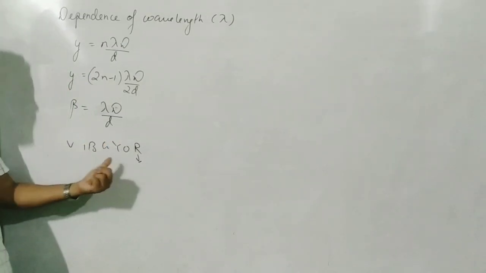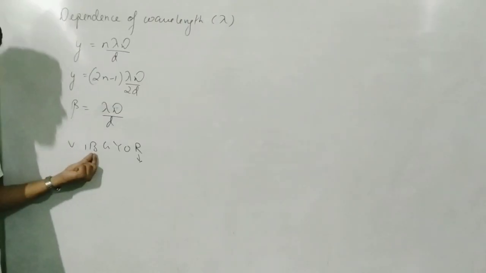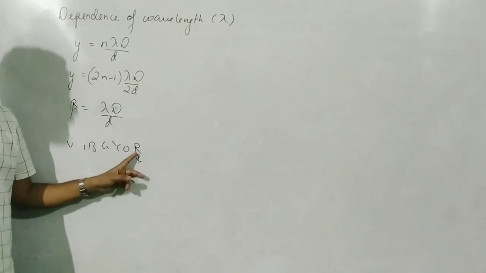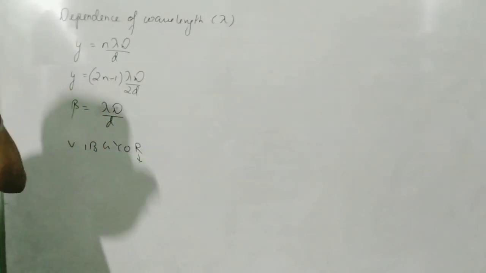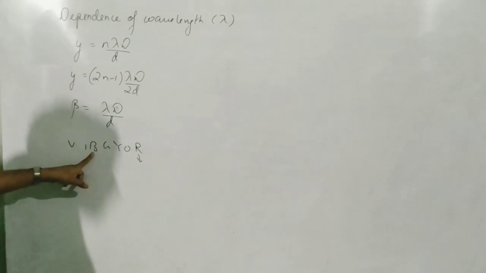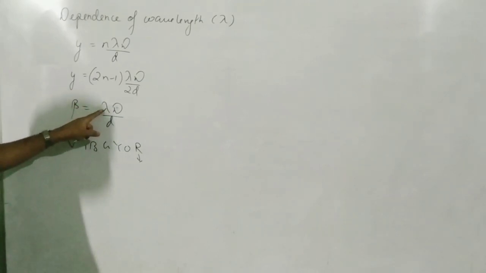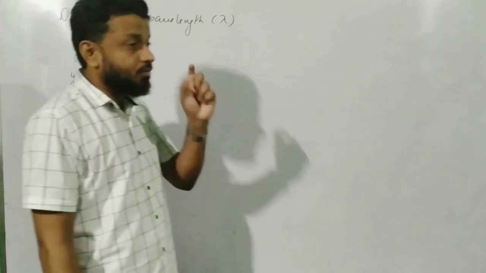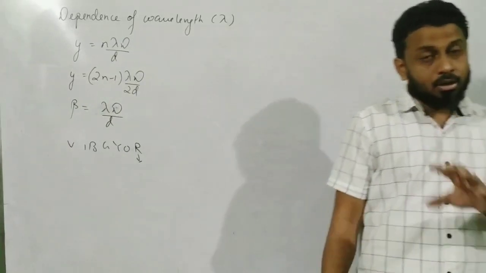And now if I do a next experiment, let us say with blue color, I will have the maxima of blue color now. What is the difference? The difference is this. When I did the experiment with red color, the red bright fringes will be thicker compared to the blue, because the fringe width depends directly on wavelength. Okay. So with red color, the thickness of the bright fringes will be more compared to the blue color.